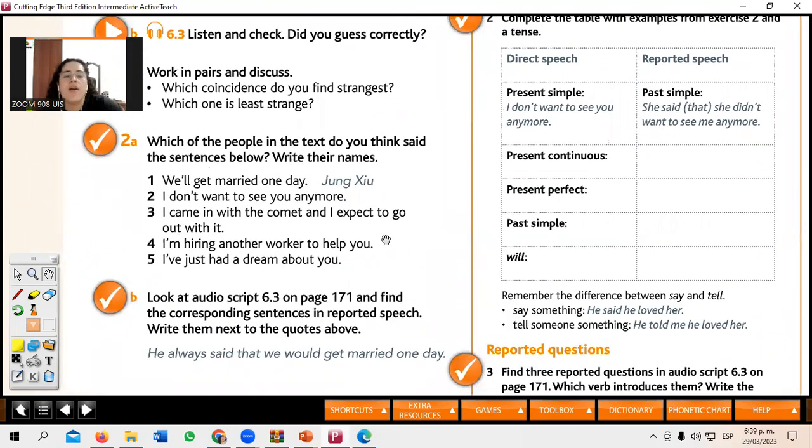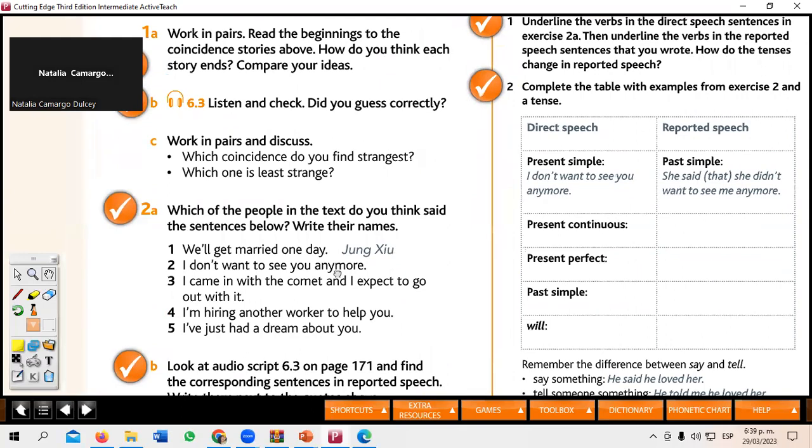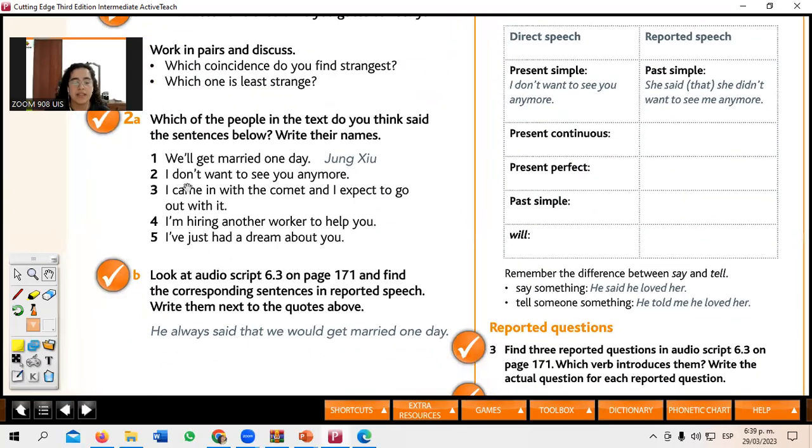I came in with a comment and I expect to go out with it. Maria Lopez with Mark Twain. Yes, so he said it. Maria or Mark Twain? Mark Twain. Yes, Mark Twain.